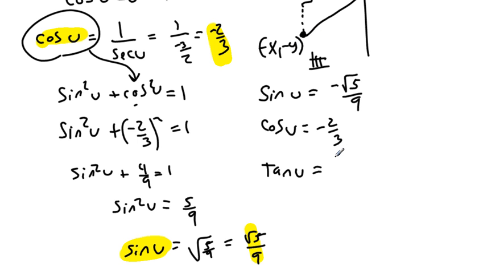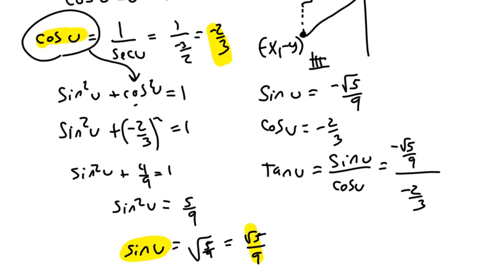Well, tangent of u is sine of u over cosine of u, and sine of u is negative radical 5/9, all over the cosine of u, which is negative 2/3.